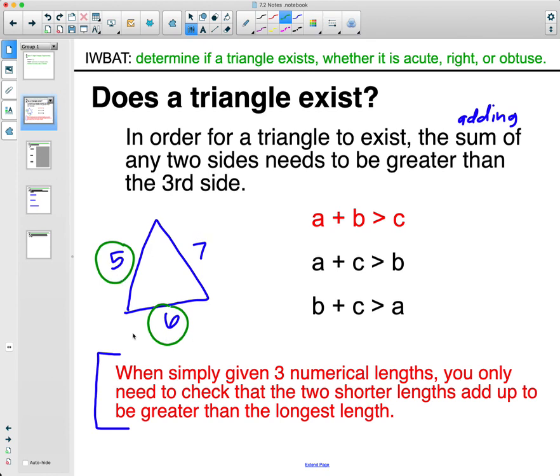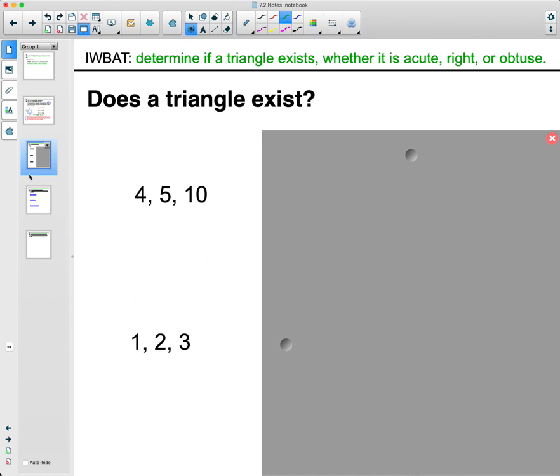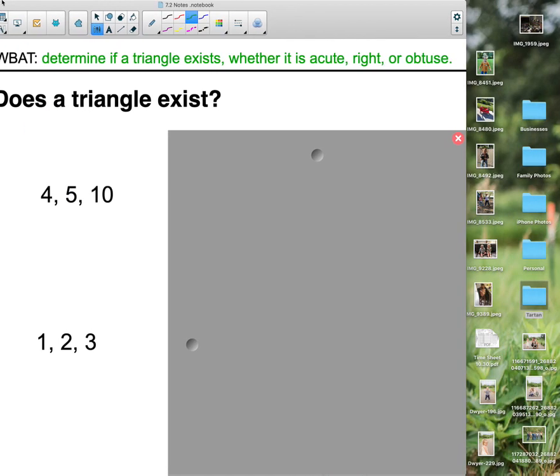So 5 plus 6 in this case is 11. 11 is bigger than 7, so a triangle would exist in that case. If you have numbers, find the two smallest, add them together, and the sum needs to be bigger than the third.